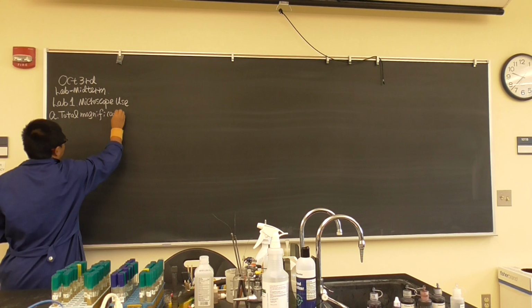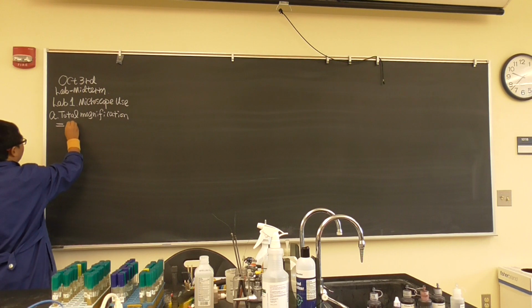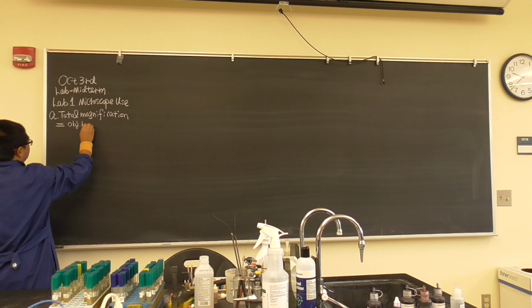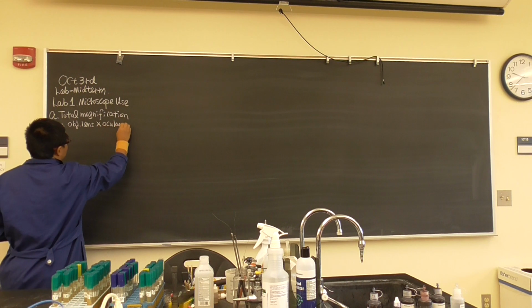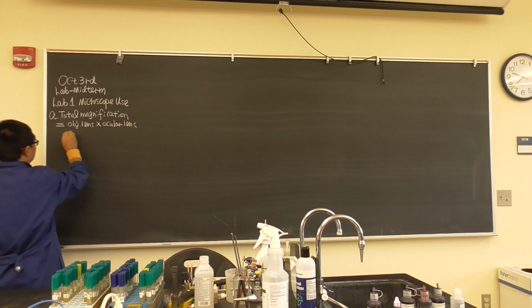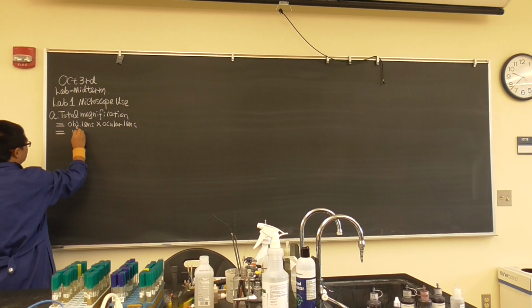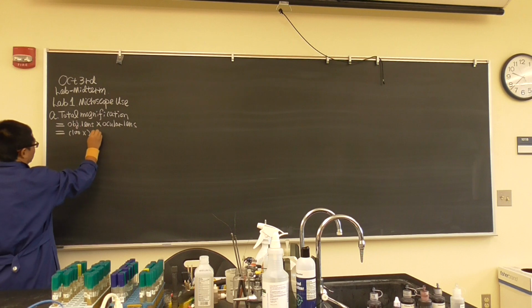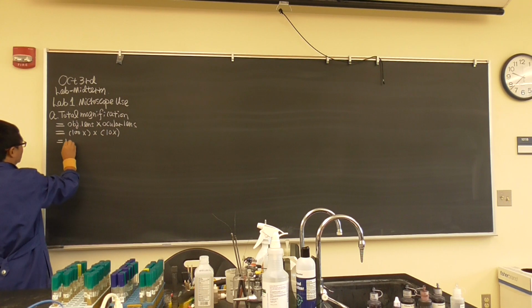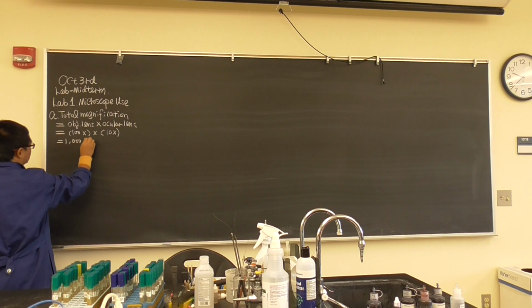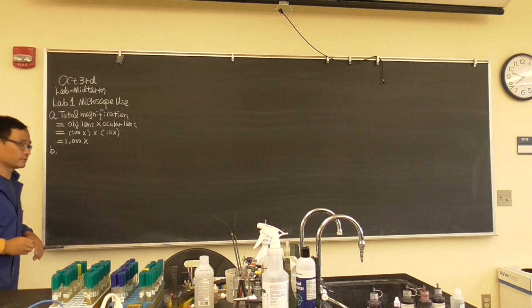Total magnification, always remember, is the magnification of the objective lens multiplied by the ocular lens. A very simple example: if the objective lens is 100x and you multiply by the ocular lens, which is always 10x, the answer is 1000x. This is usually the first question of the exam, okay?